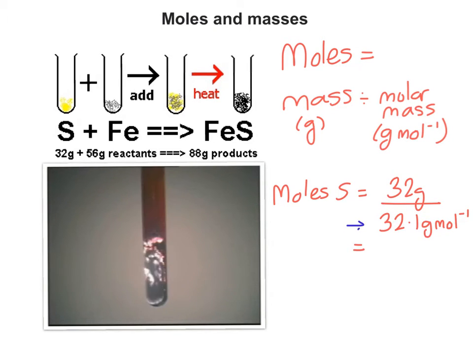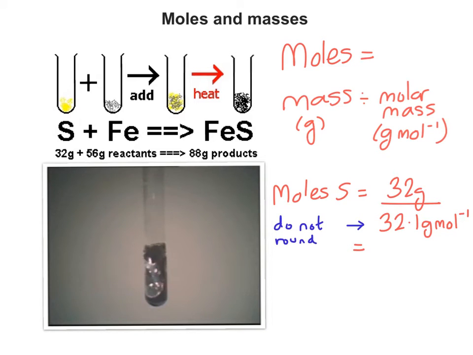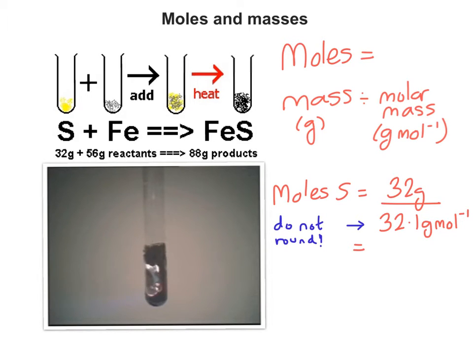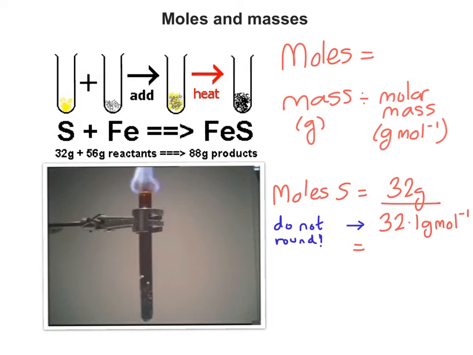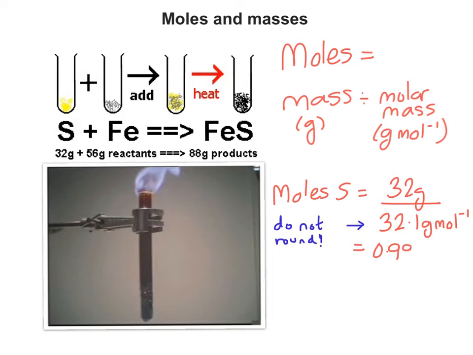So I'm just going to put a reminder in there. Don't round it, because you'll introduce error. It's incorrect to round it up. So taking 32 grams, dividing it by 32.1, that gives us 0.997 moles of sulfur.